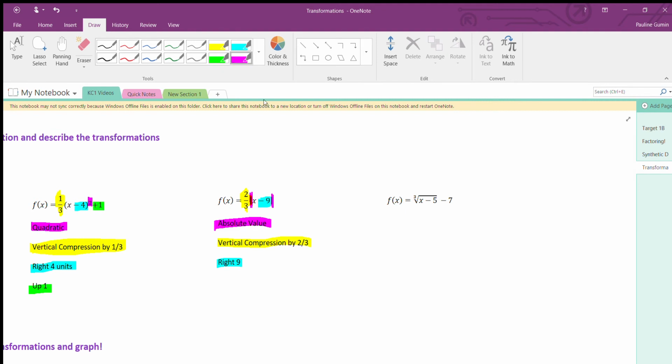Okay, one more. We have this cube in the root, which makes this a cube root function.